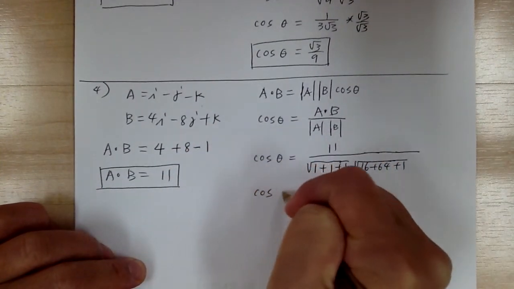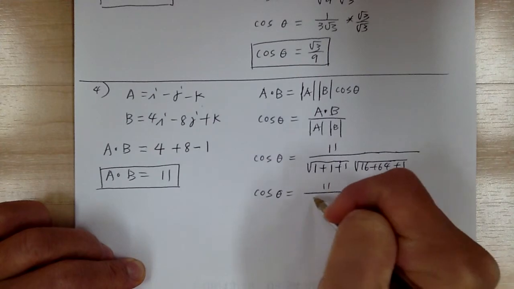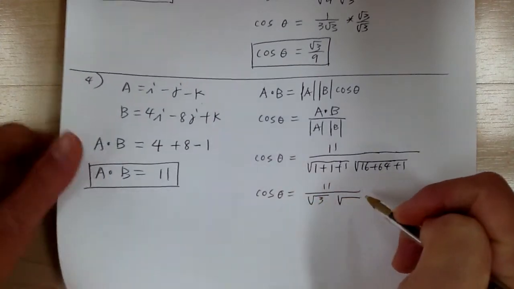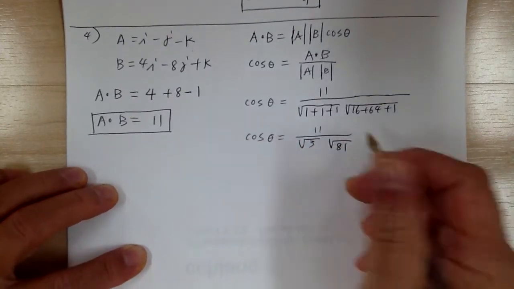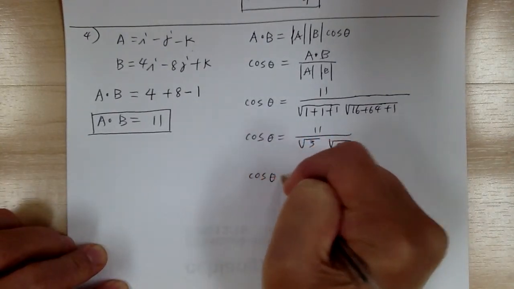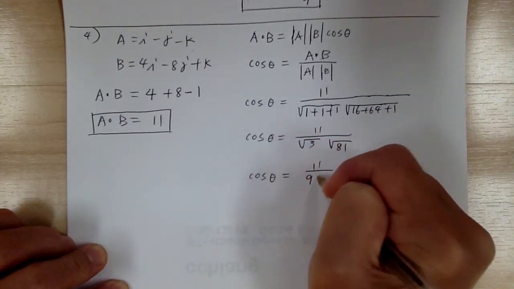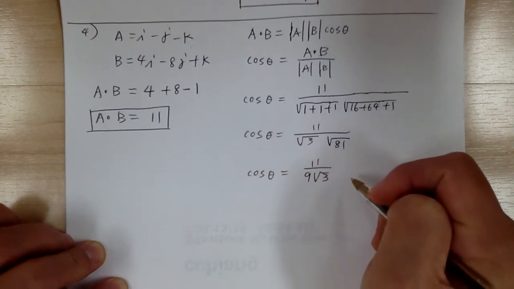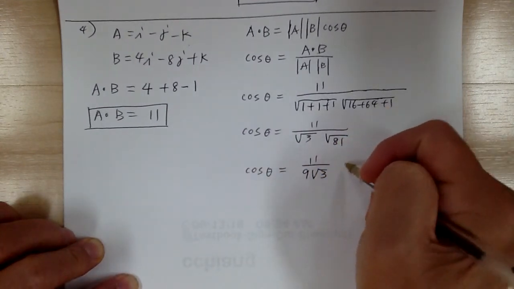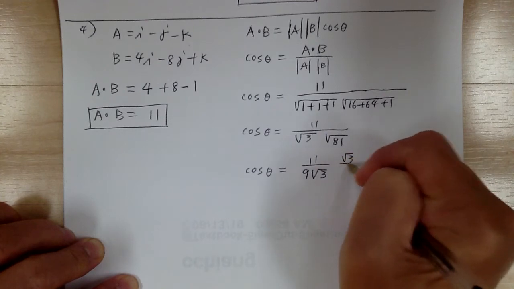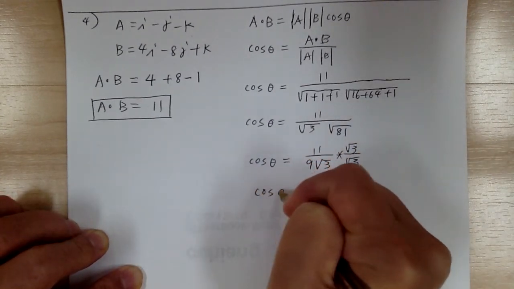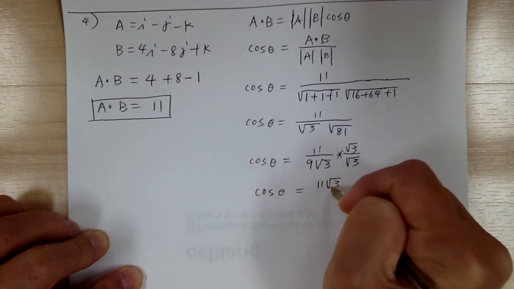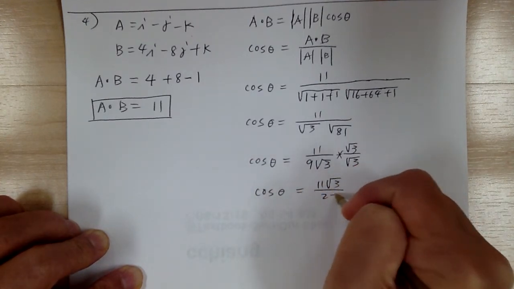So you get cosine theta equal to 11 over square root of 3 times square root of 81. So you get cosine theta equal to 11 over 9 square root of 3. And to simplify, to get rid of the square root on the bottom, multiply by square root of 3. So cosine theta equal to 11 square root of 3 over 27.